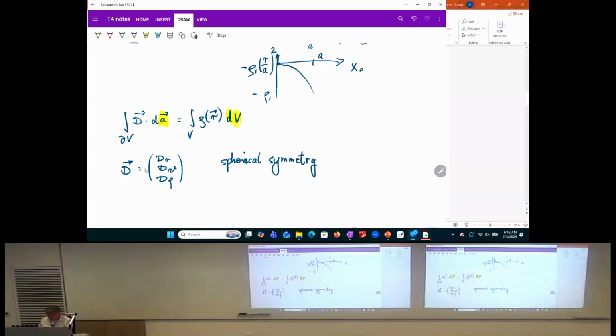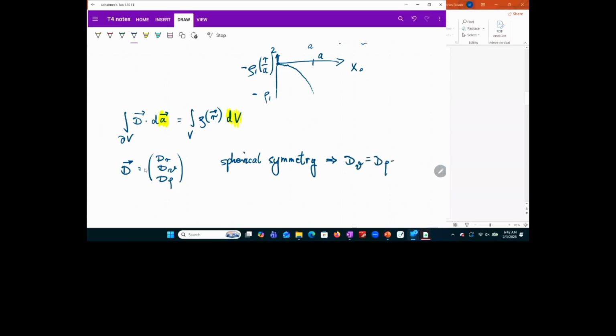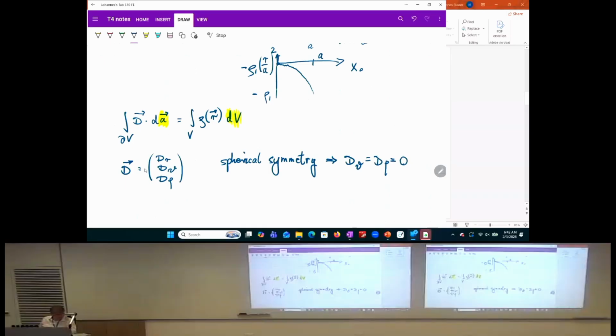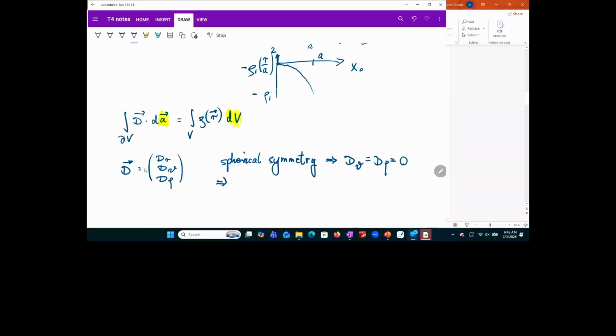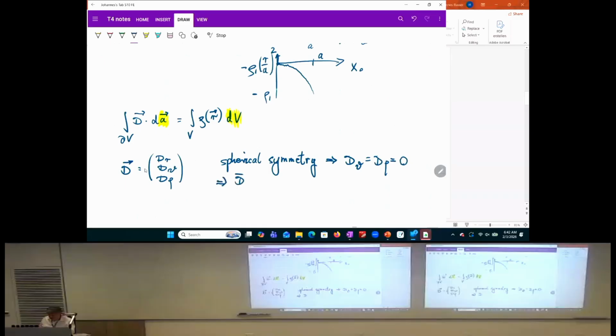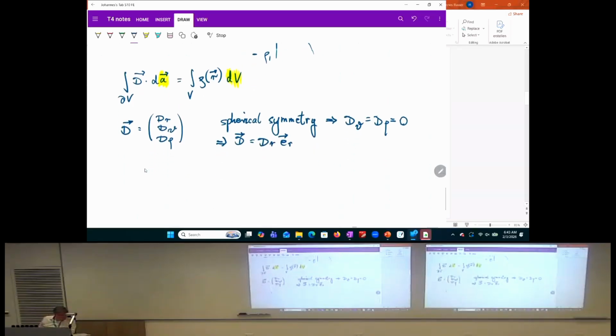As a consequence, we have no flux densities with a theta component, neither do we have any with a phi component. These are both vanishing. What we have is a displacement field that has a radial component. That makes our life a bit easier.